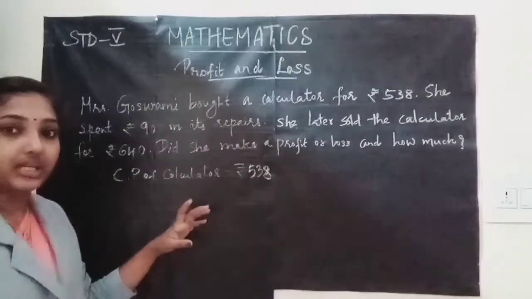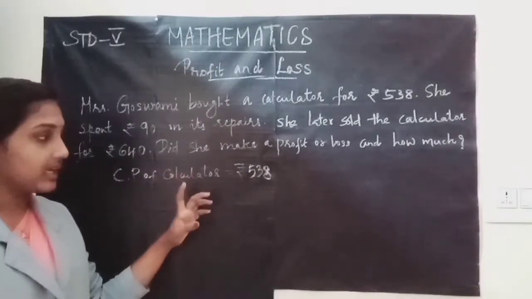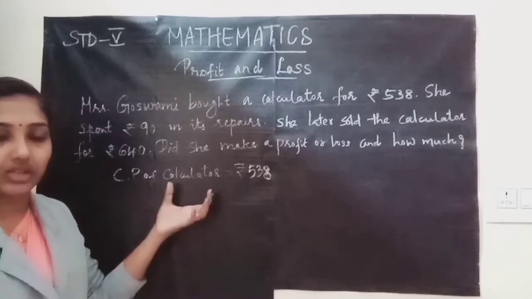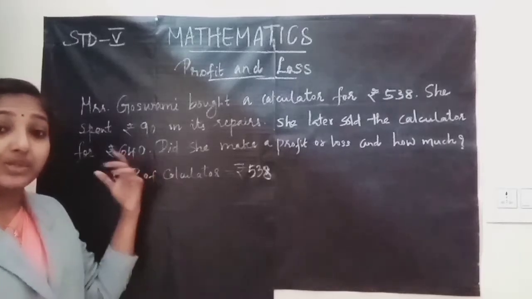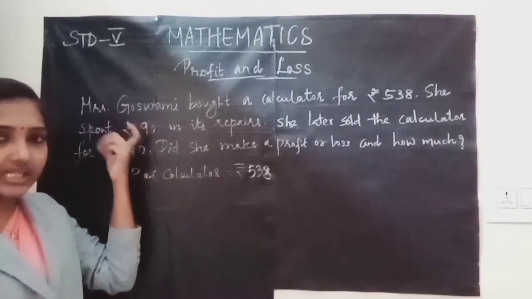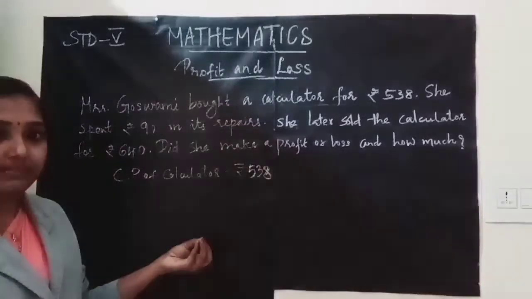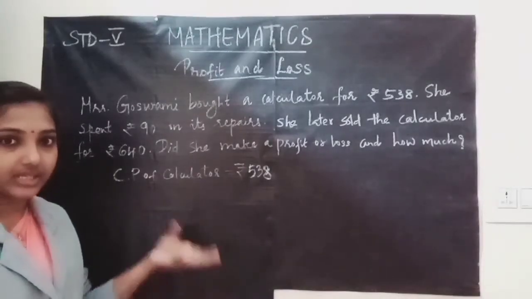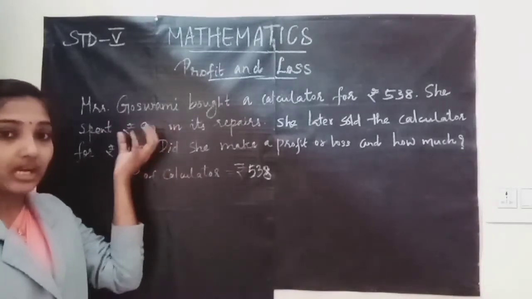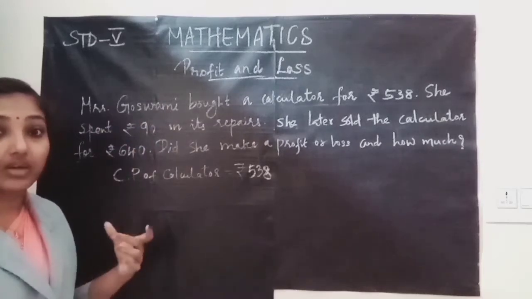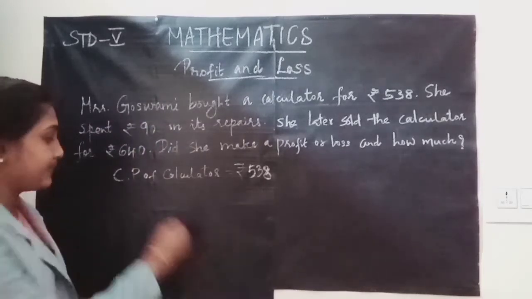After buying this calculator, she again spent rupees 90 on the same calculator. Such expenses, where some amount of money is spent again on the same item, are called overhead expenses.